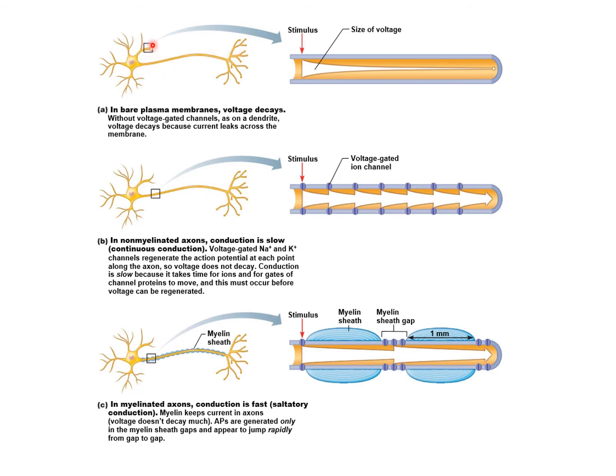So on the dendrites or the cell body, in this case we're on a dendrite, we're dealing with graded potentials, and we know graded potentials die off or get weaker as they travel along the dendrite and cell body. So let's look at the graded potential. Here's the stimulus, and the height of the white area is the strength of the stimulus.